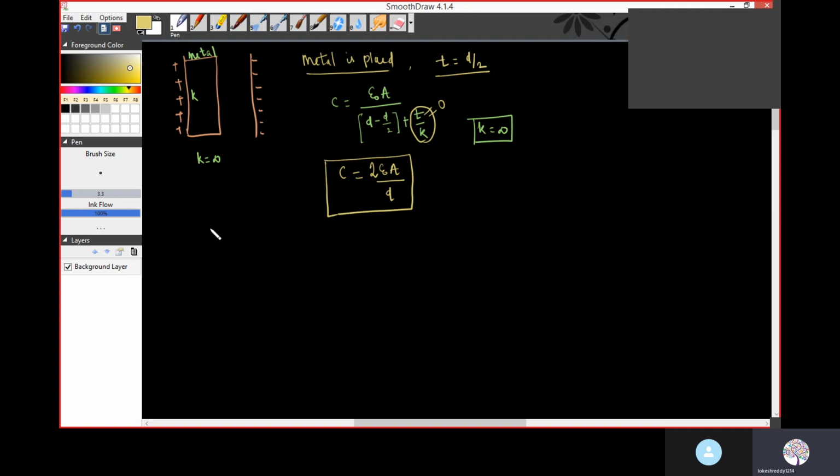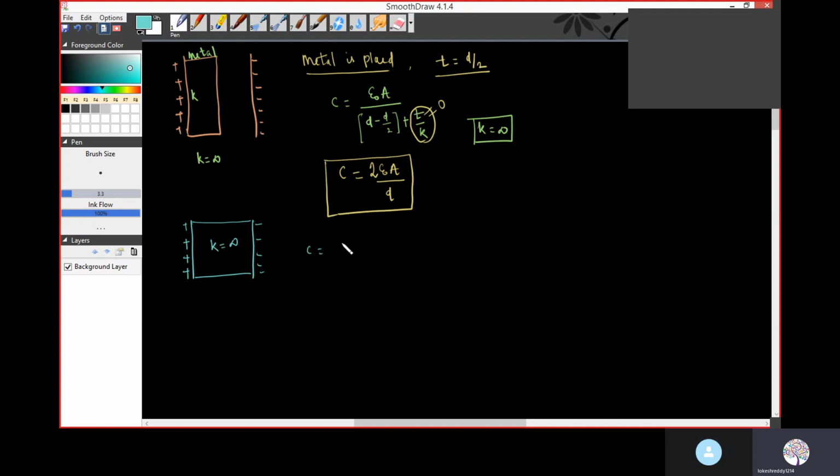Now, if it is not half filled but completely filled, what is going to happen? This is positive, that is negative, and if I fill it up with metal, K value is infinity.